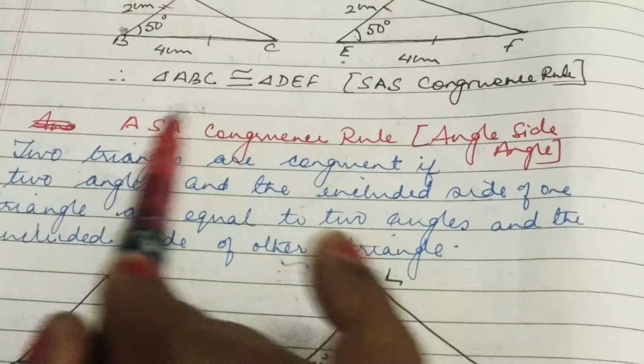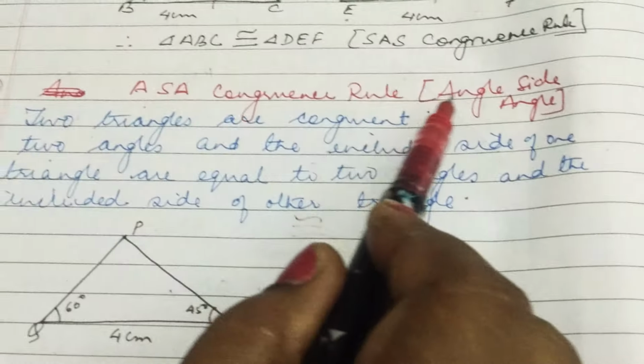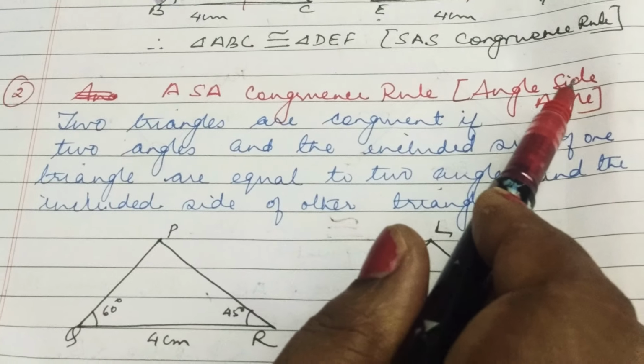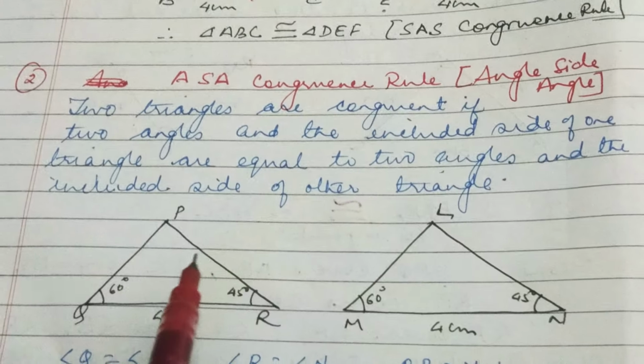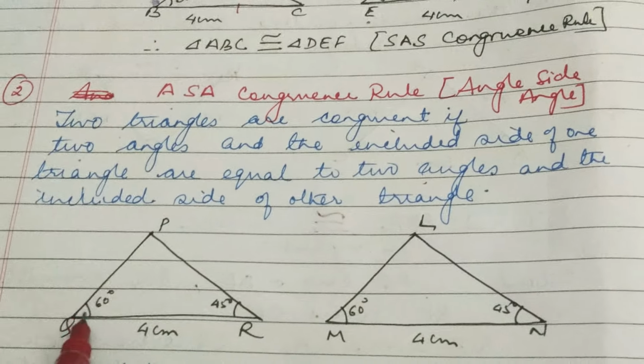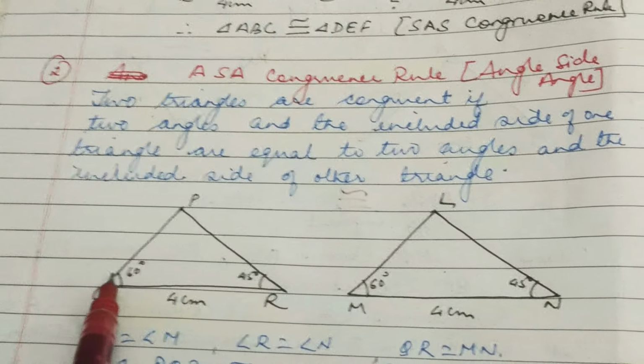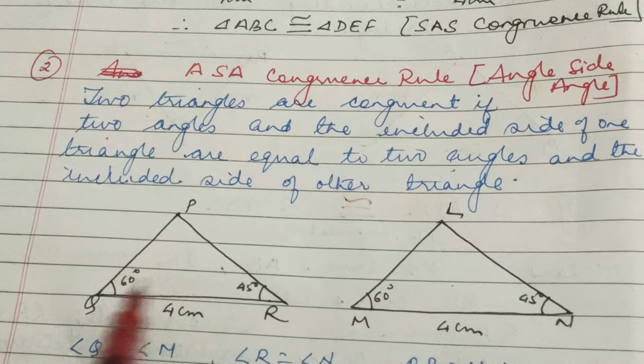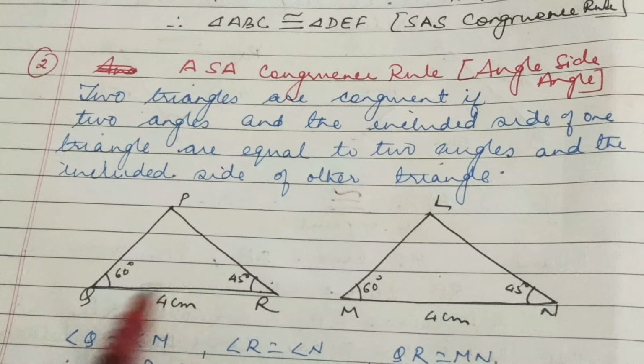Next is ASA congruency rule, that is angle, side, angle. In this case, the two triangles are said to be congruent if two angles, here you can see angle Q and angle R, and the included side are equal.